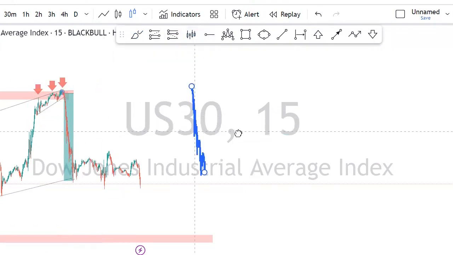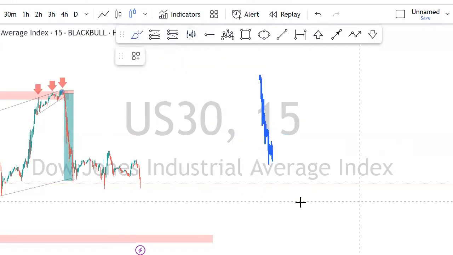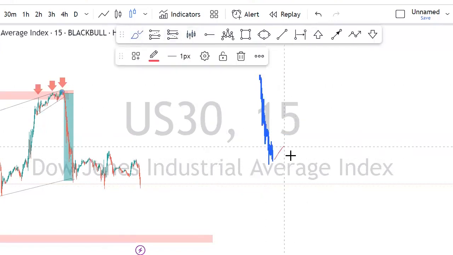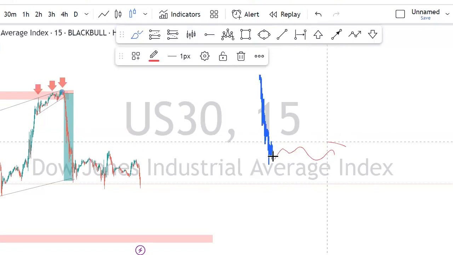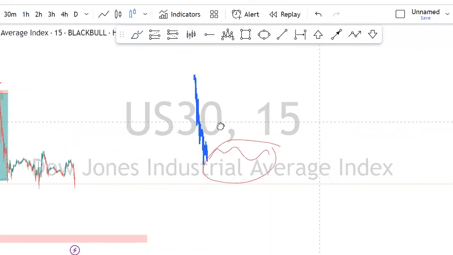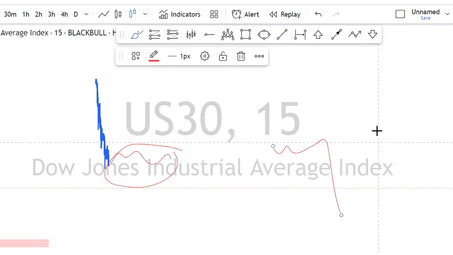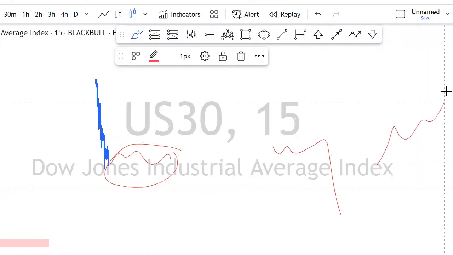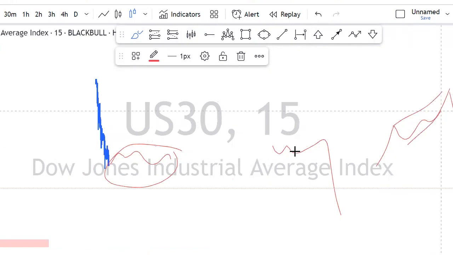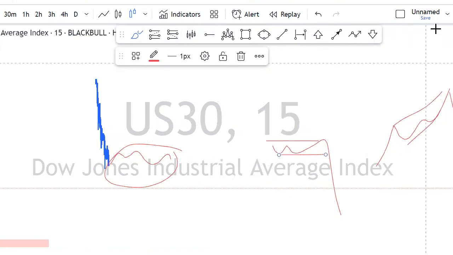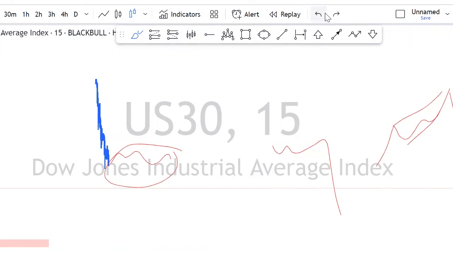Huge impulse. And what do we have right after the impulse? Correction, right? And remember, we only have 2 types of corrections: continuation correction or a reversal correction, right? We only have those 2 types of corrections.